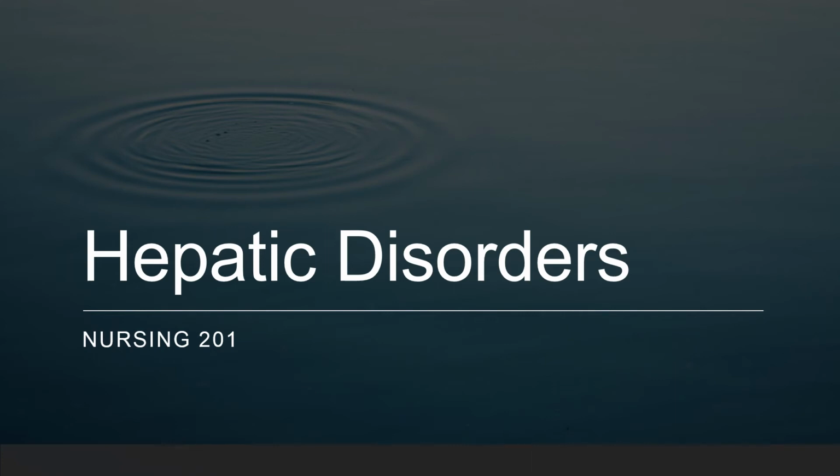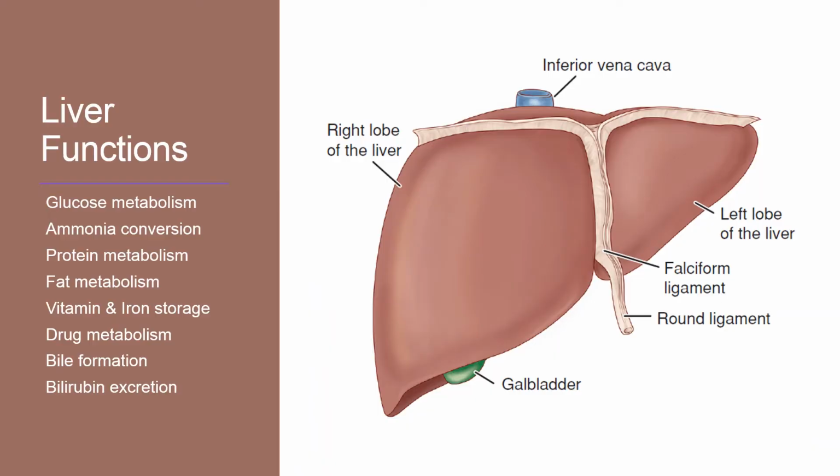Hepatic disorders. As we review the liver, I want you to look at and review the anatomy and physiology of the liver, where it's positioned, and right now we'll begin with the liver function. As we look at the functions of the liver, these would include glucose metabolism.